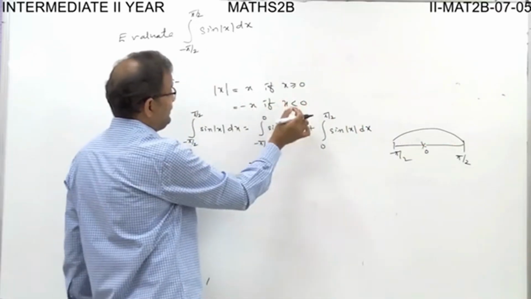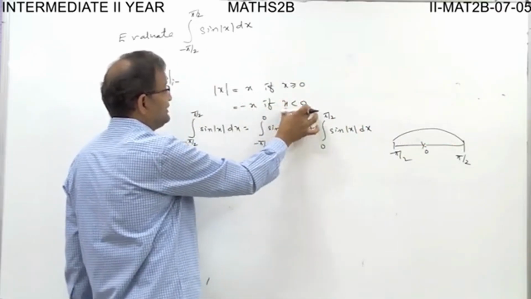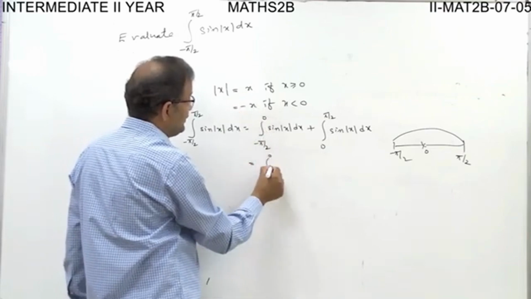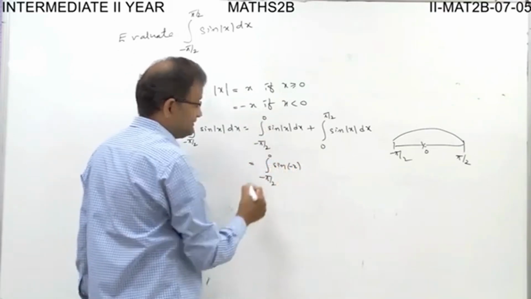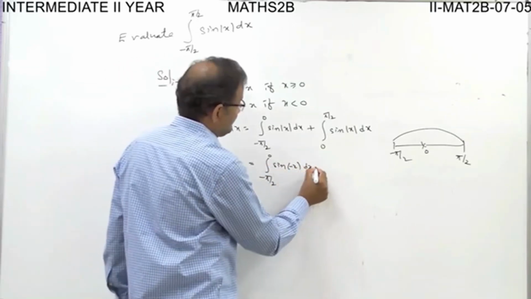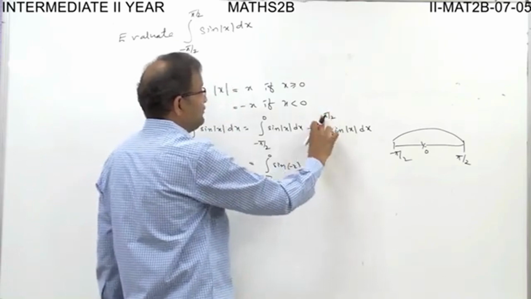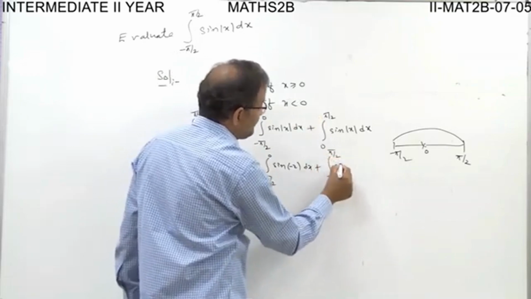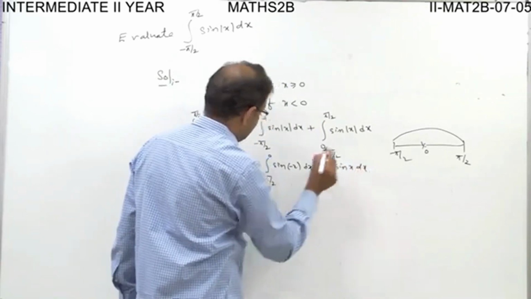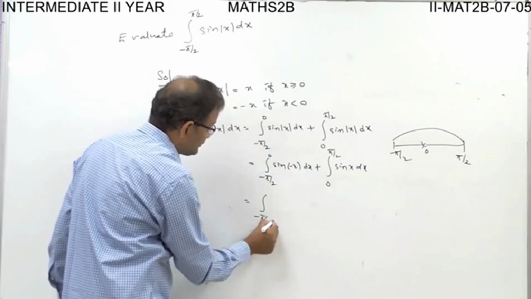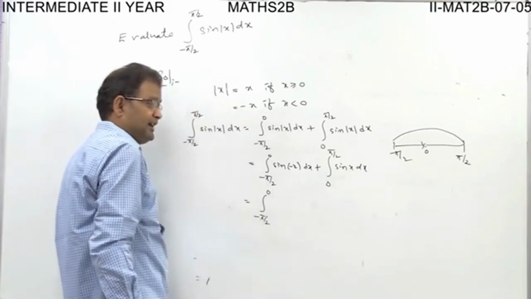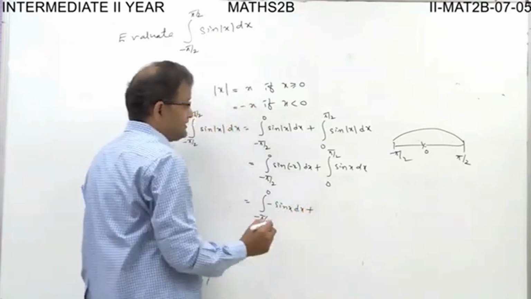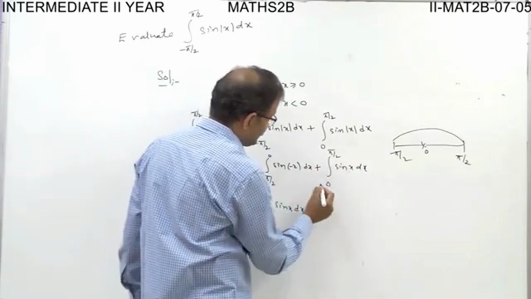When x value is less than 0, mod x equal to minus x, so integral -π/2 to 0 sin of minus x dx, plus integral 0 to π/2, when x value is greater than 0, mod x equal to x, sin x dx.